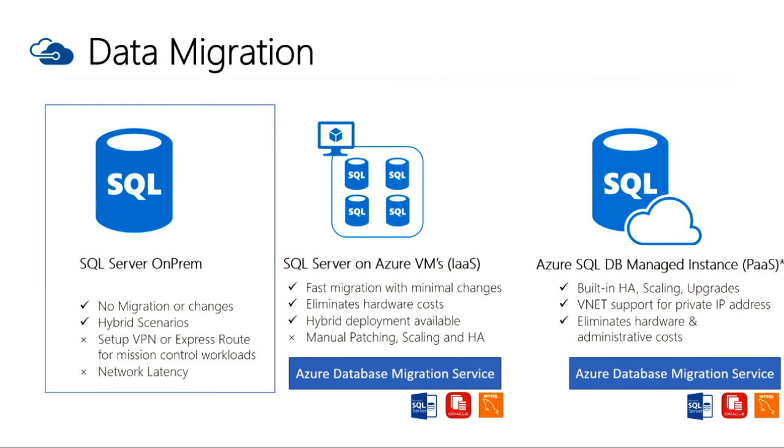The only additional thing you might have to do is set up a VPN site-to-site or point-to-site, or you might have to invest in ExpressRoute, which for mission-critical workloads you might have to invest in. But other than that, these are the options you have on the table. Depending upon the scenario, one might work better than the other. But this is something you'll have to think about: what do you do with your data?